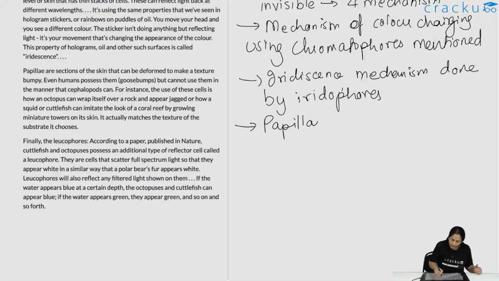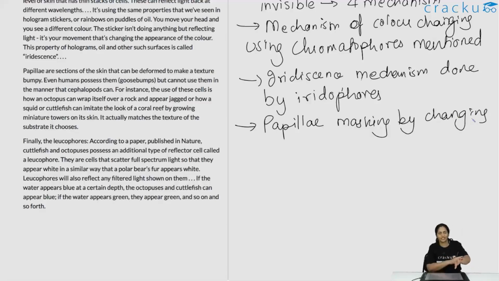So papillae, what does it do? It essentially changes the texture of the skin to match a particular texture, and that essentially helps the octopus mask itself. So if it wraps around a rock, it tries to look like the rock as such. So masking by changing texture. We also have that. Even our skin changes texture in the form of goosebumps, but we can't do it voluntarily.